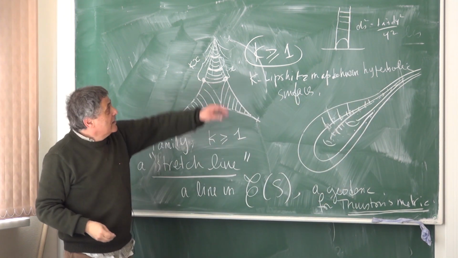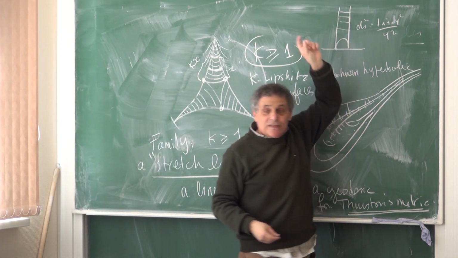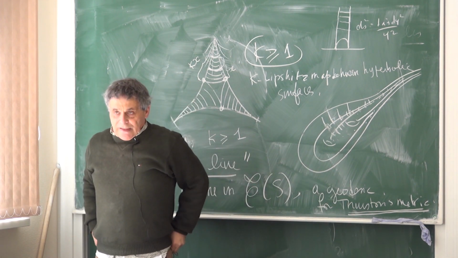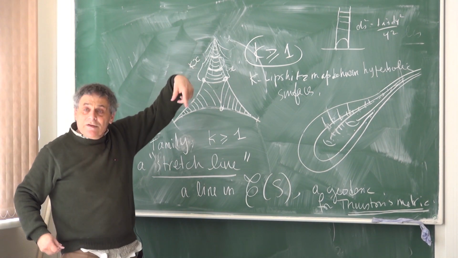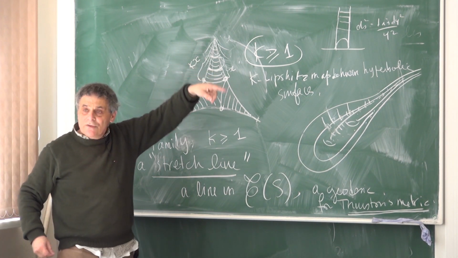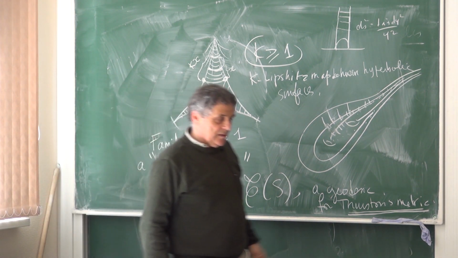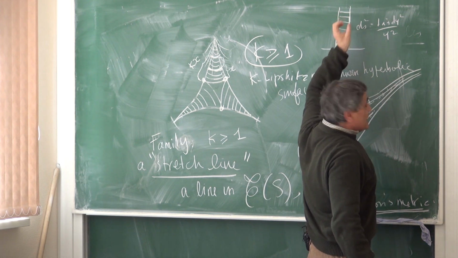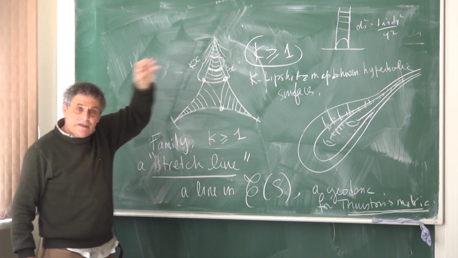The length of these pieces of horocycles is exponentially decreasing, and the Lipschitz constant in the reverse direction is unbounded, because the contraction is more and more severe and goes to zero.